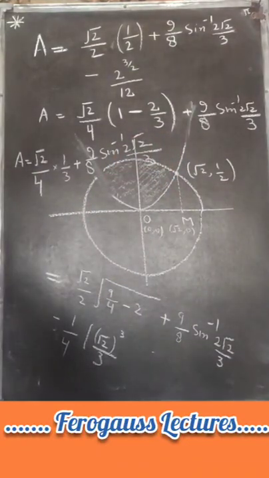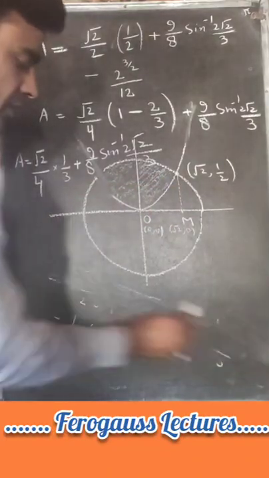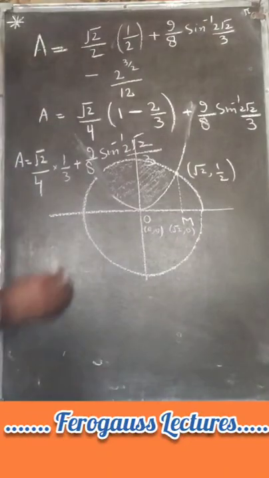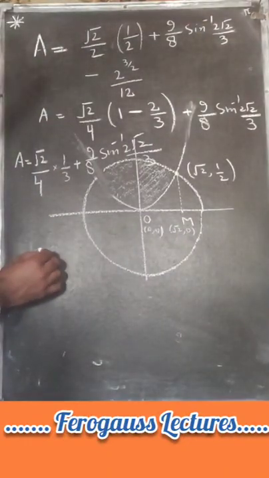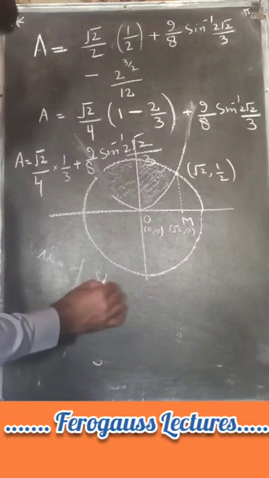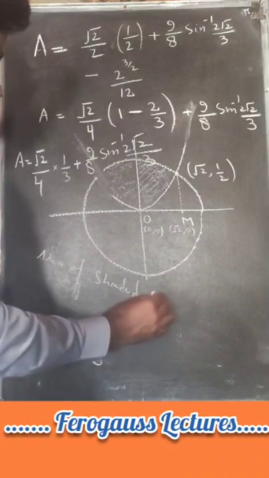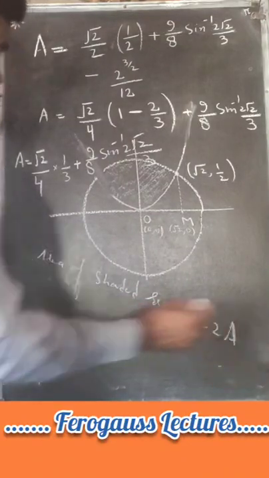Now the area of the shaded region, this area plus this area, is equal to 2A. So the total area of the shaded region is equal to 2 times A.